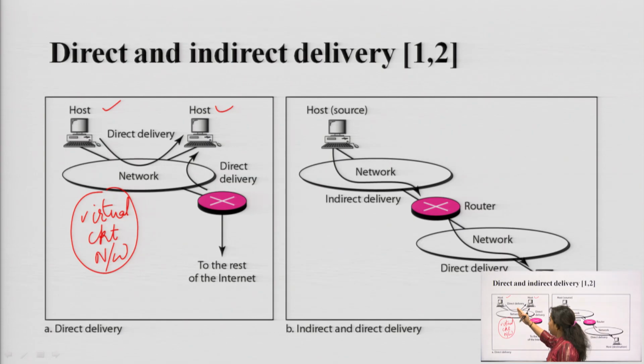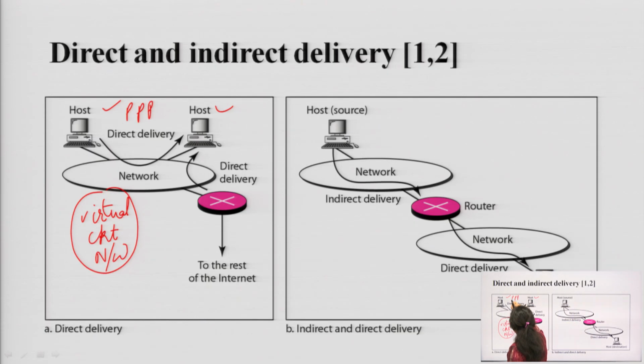Direct delivery means there is no intermediate node between this host and this host. You can directly transfer the data without the use of any router or any intermediate host. So, direct delivery is a kind of point to point communication.